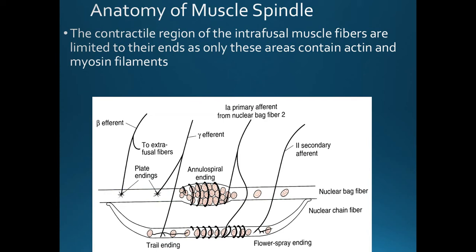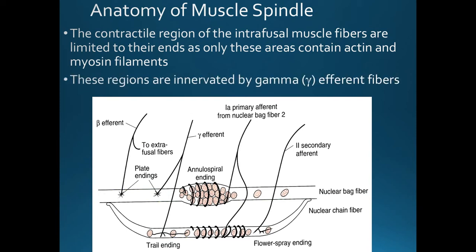The contractile region of the intrafusal muscle fibers is limited to their ends, as only these areas contain actin and myosin filaments, as shown in this figure. These regions of the endings are innervated by gamma efferent fibers. Gamma efferent fibers.